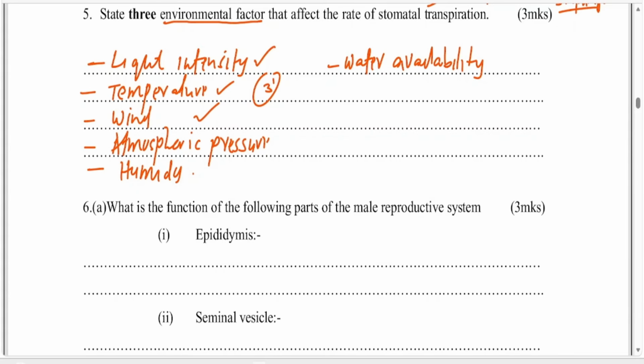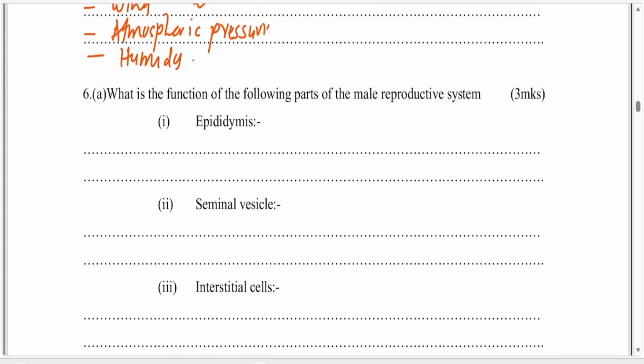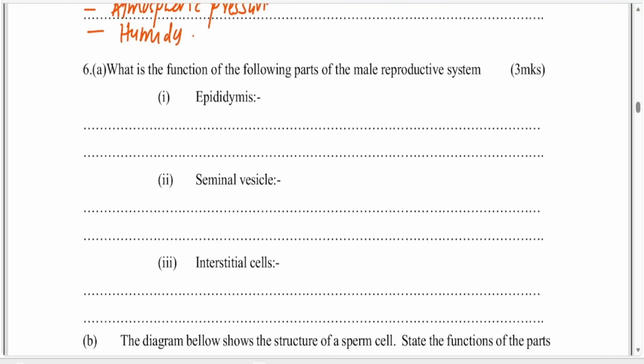And some of the parts that you went through was epididymis in male reproductive system and the seminal vesicle and other accessory glands, including the prostate gland and Cowper's gland in the male reproductive system. So let's look at the function of these parts in the male reproductive system.